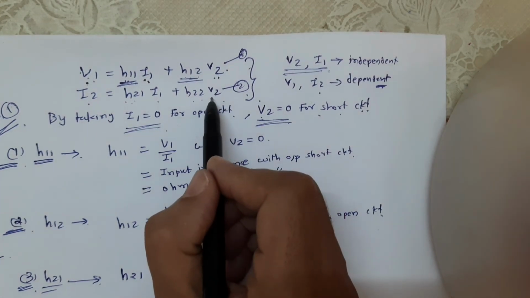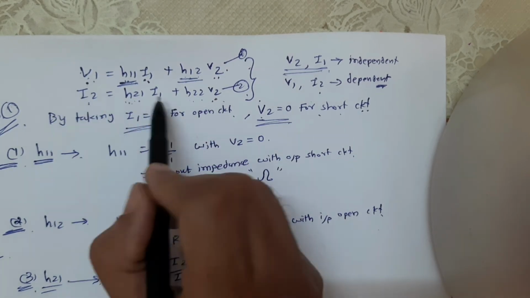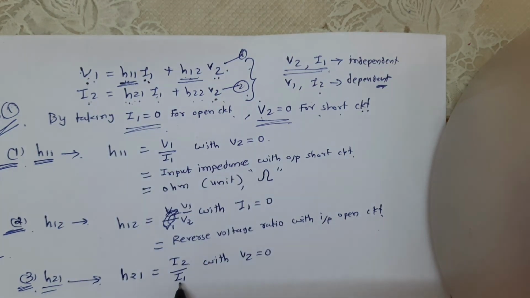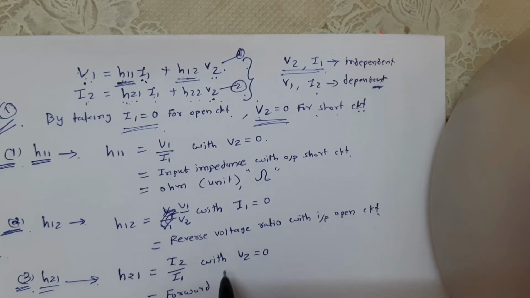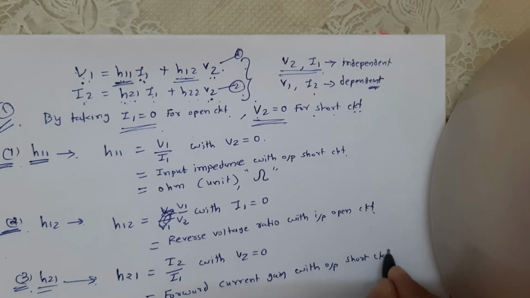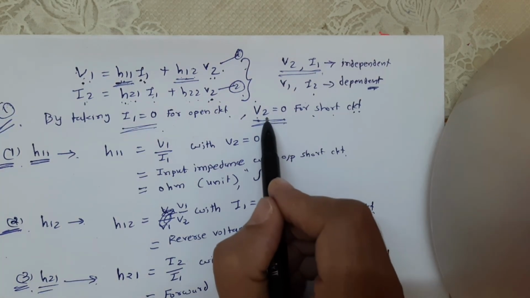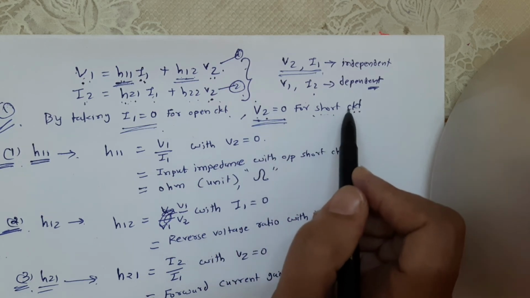So by putting V2 is equal to 0 in equation 2, H21 is equal to I2 upon I1, and this is known as forward current gain with output short circuited. That means V2 is equal to 0; 2 means output, and it is short circuit.